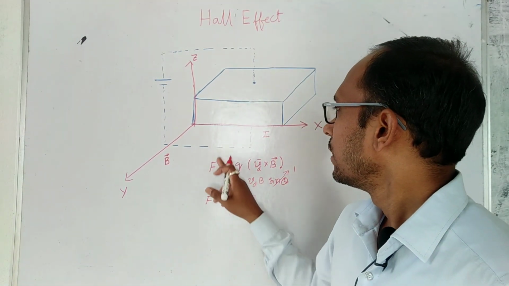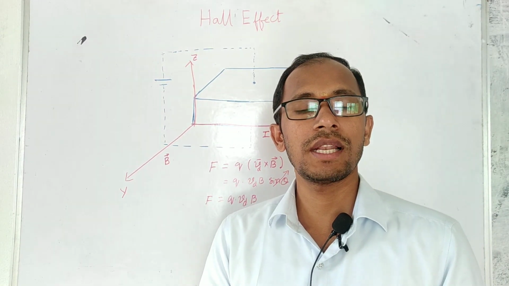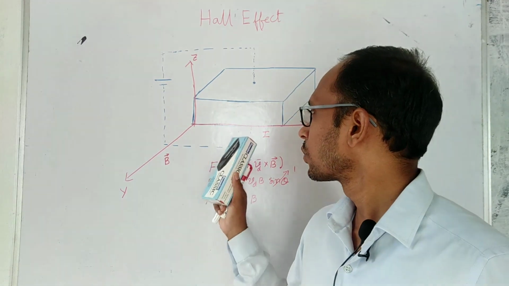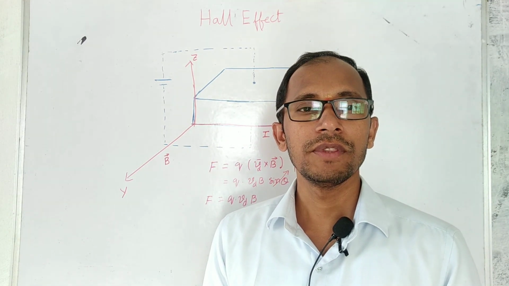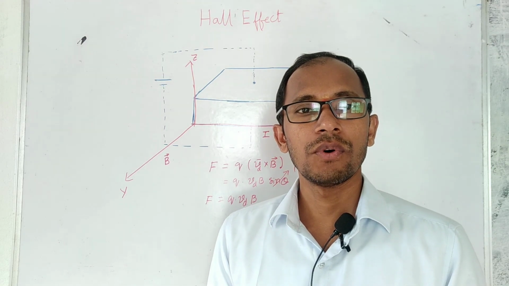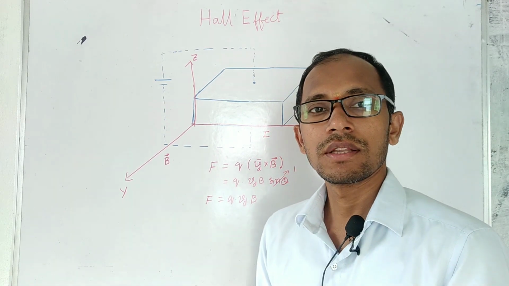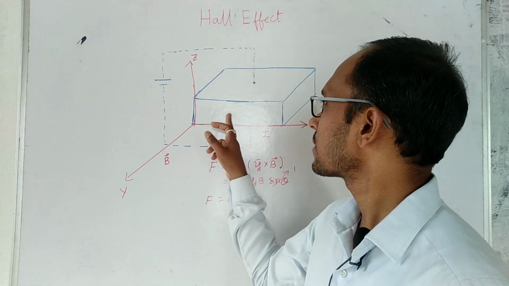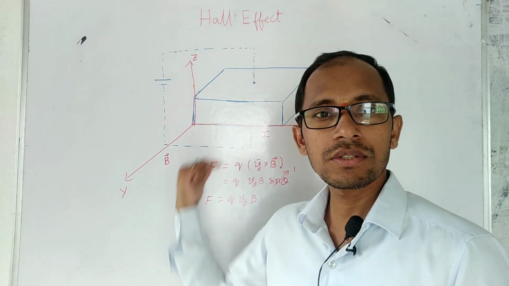Now there is a force according to Fleming's left hand rule. If an electric field as well as a magnetic field are applied simultaneously, there is a force acting on the charge carriers according to Fleming's left hand rule. The force acting on these charge carriers always tries to pull them towards the negative z direction, downward.